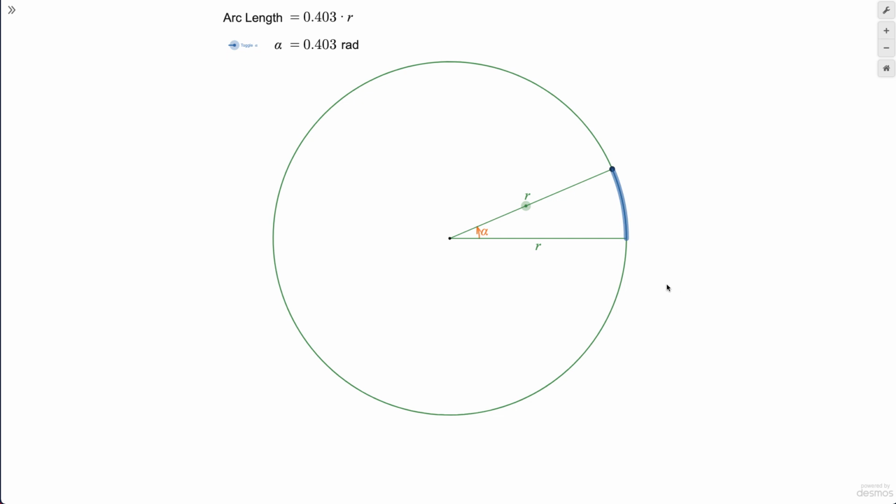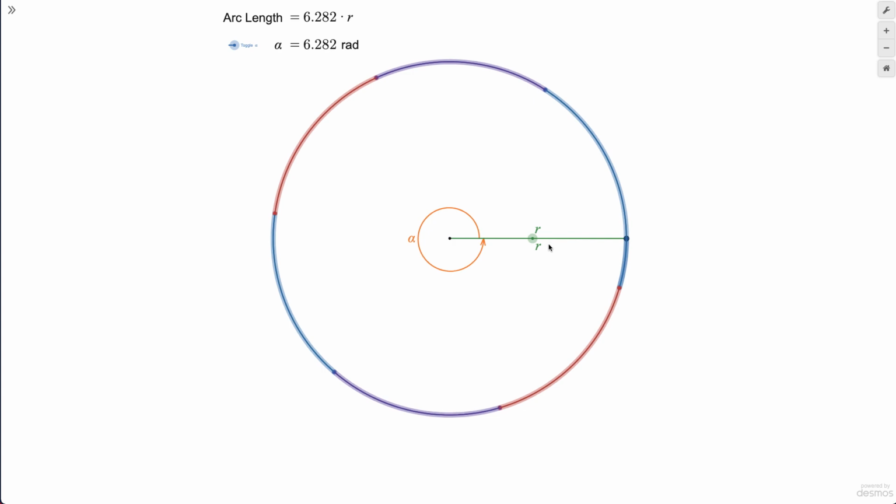So, you might know that there are 2 pi radius lengths to go all the way around the circle. In fact, the definition of pi is basically how many diameter lengths it takes to go all the way around a circle. That's what the definition of pi is. It's how many diameter lengths go around the circle. So a diameter is 2 radiuses.